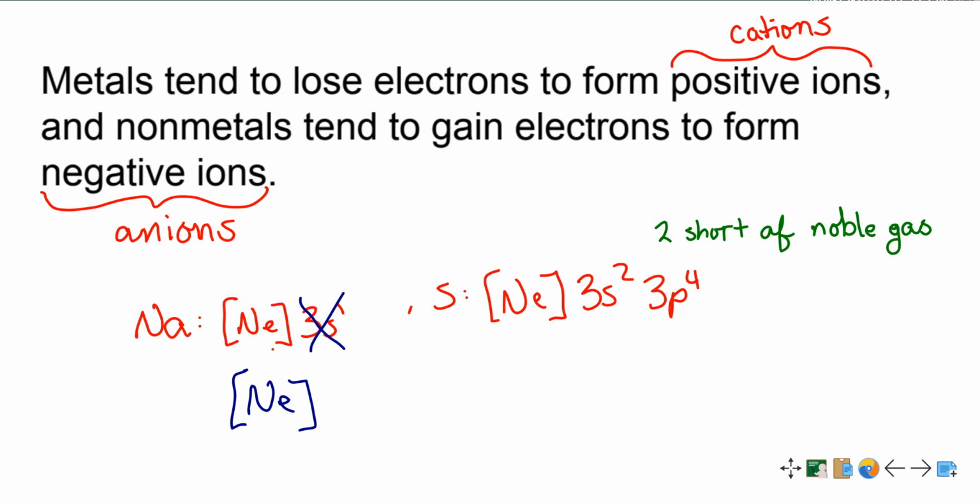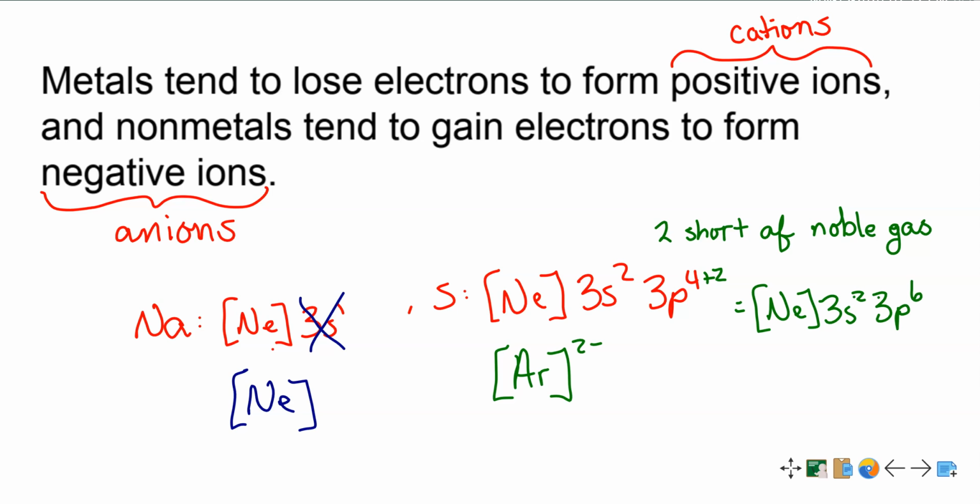So what it does is it adds two electrons so that it looks like the next noble gas, which is argon. Okay? So that it looks like neon 3s2 3p6, which is argon. And we have to show that it's -2, that it's got 2 extra charges, and I forgot to show that over here on neon. For sodium, it should have a +1 charge to show that it lost an electron.